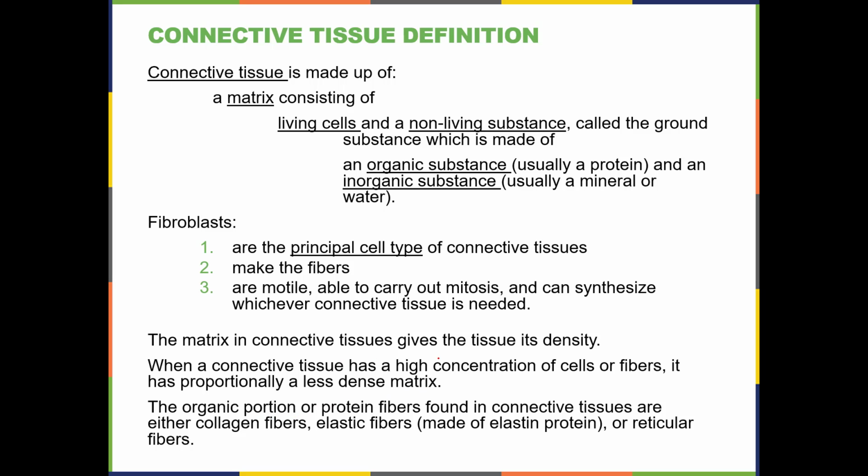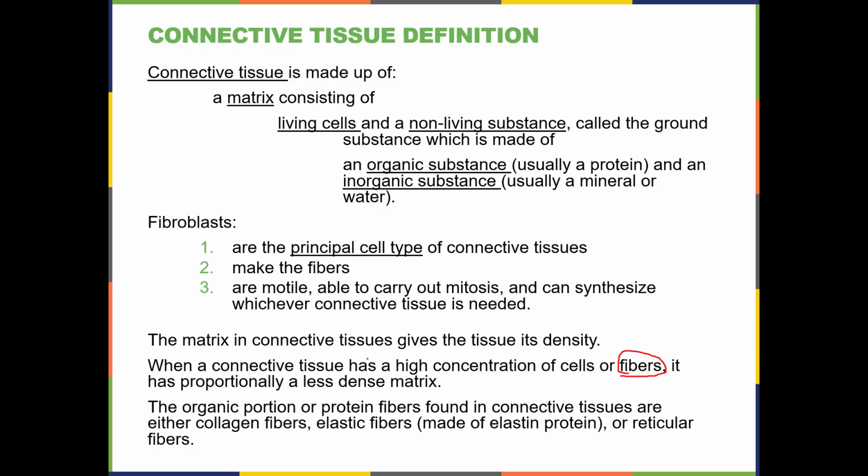And the type of fibers really defines what the connective tissue is. So there's certainly a balance of collagen, elastin, other fibers, reticular, but the fiber composition is to a large extent what defines the connective tissue.